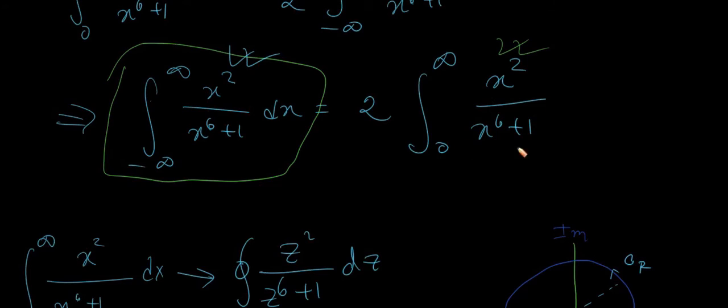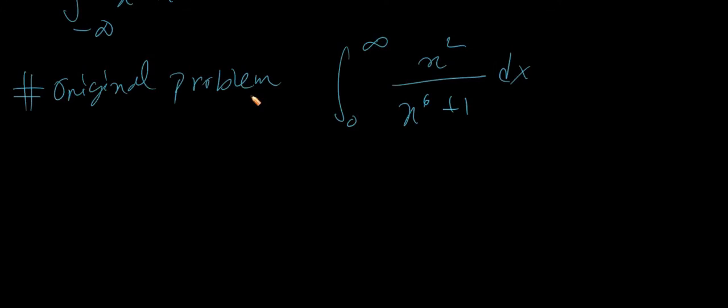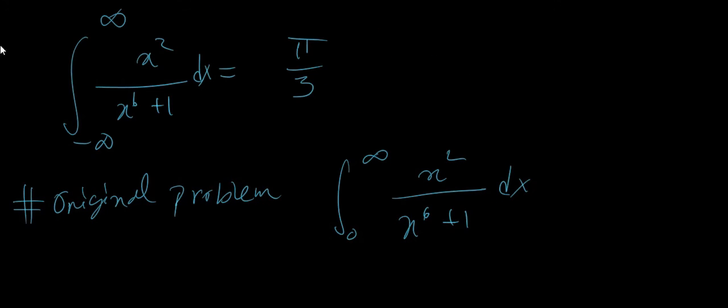To get the real result, that is the integration from 0 to infinity of x squared divided by x to the power 6 plus 1, all you need to do is get the result of this and divide it by 2, right? So we got the result of this, and the original problem was just 1/2 of the result coming from this minus infinity to plus infinity integral.